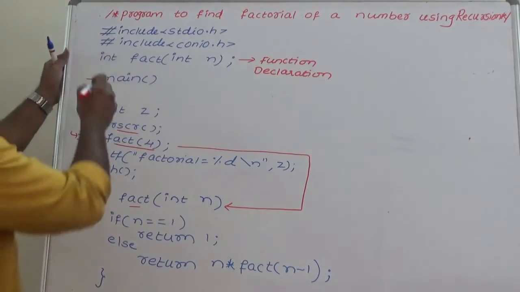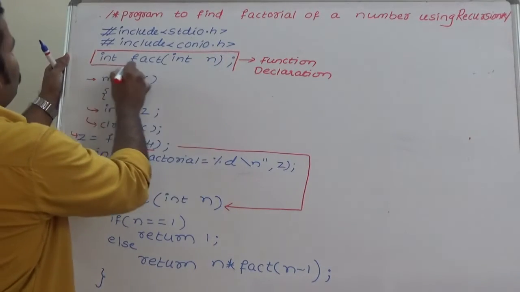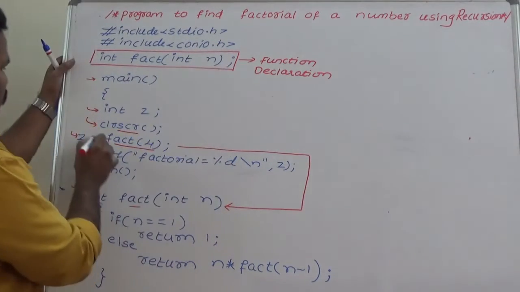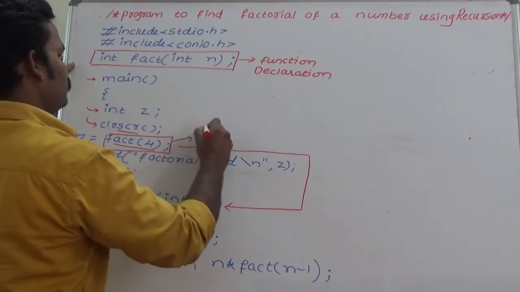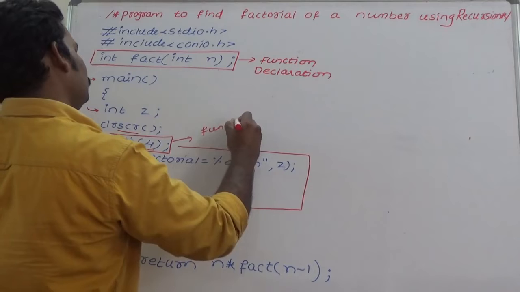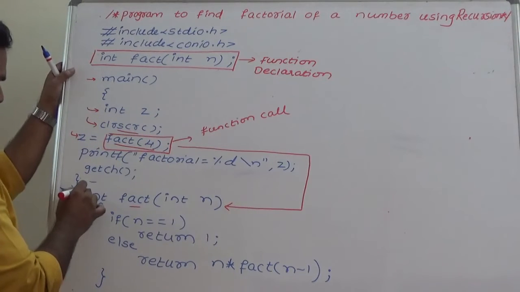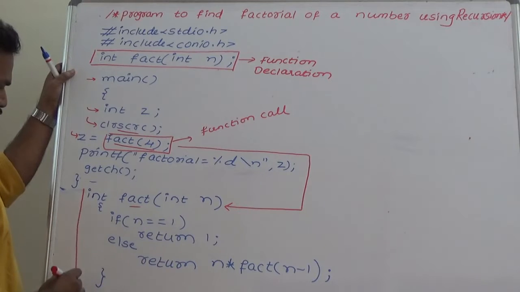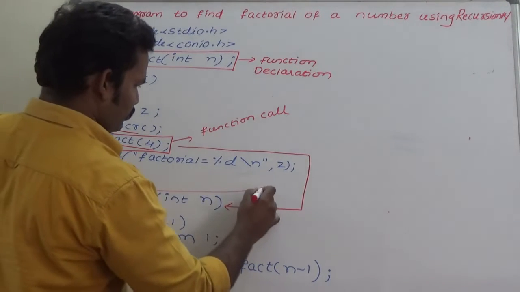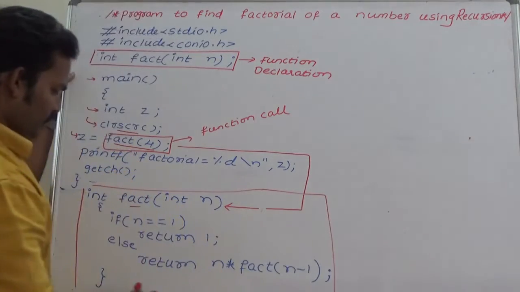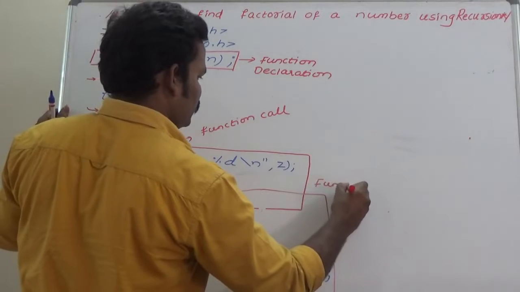This statement is called the function declaration. Next, the function call. Next, the function definition. This entire part is called the function definition.